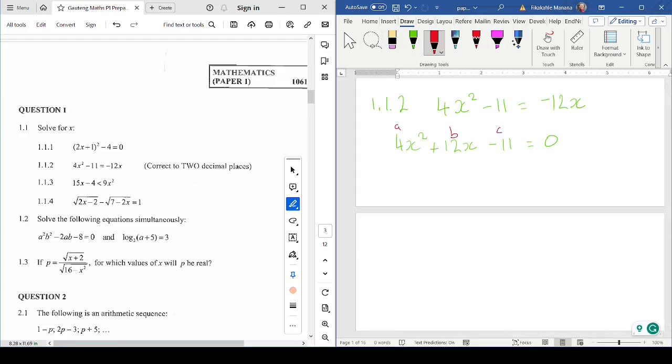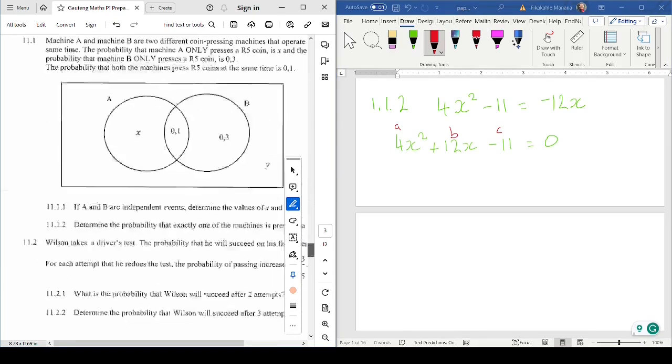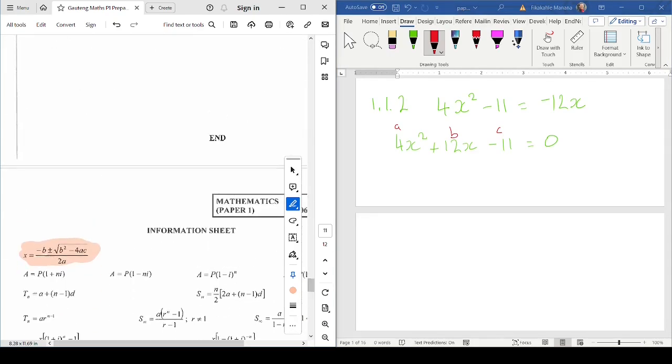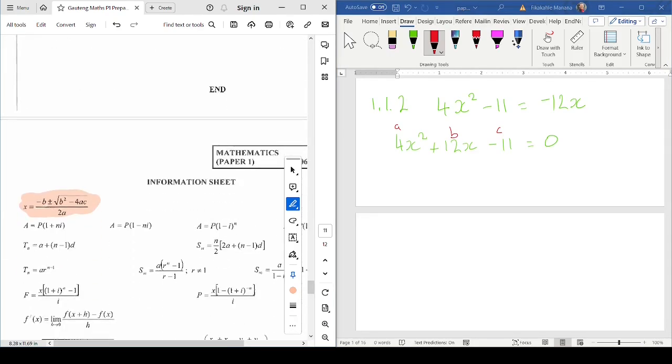Let's go back to our quadratic. Highlighted it here. There we go, it's red. So I'm just simply going to say minus, once again, what's B? The value of B this time is 12. Plus or minus square root B squared.